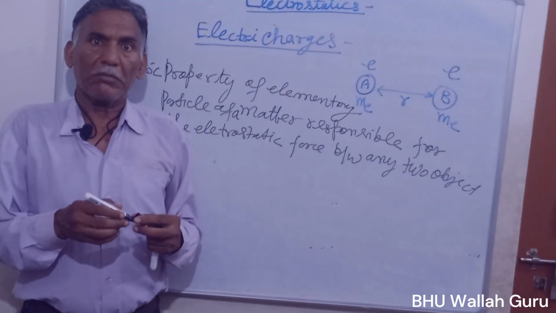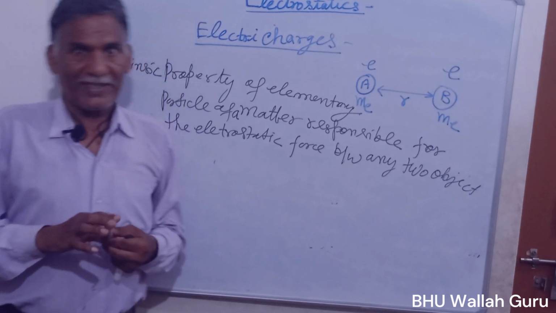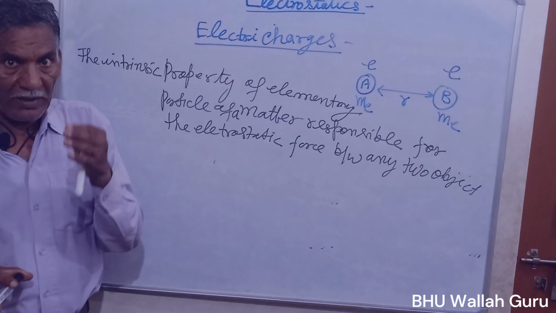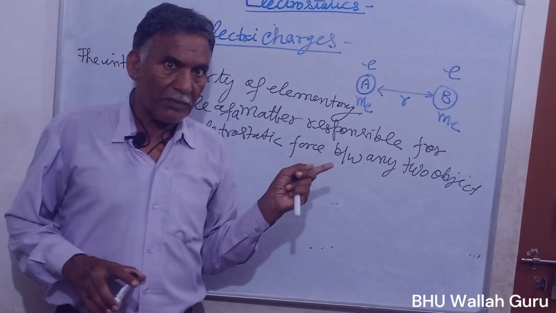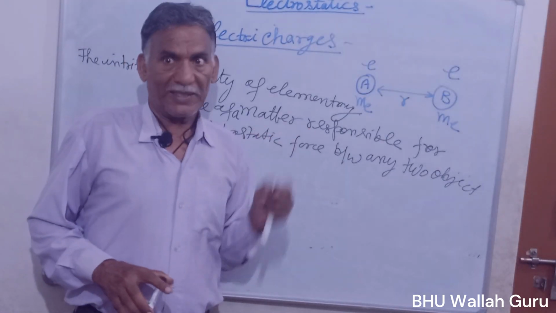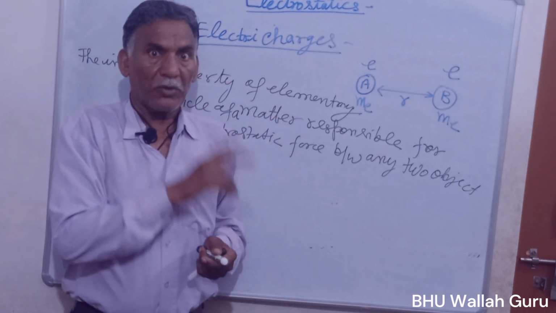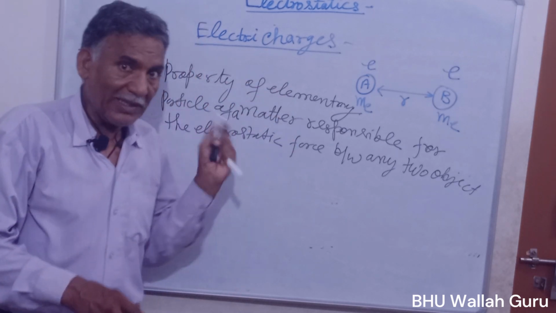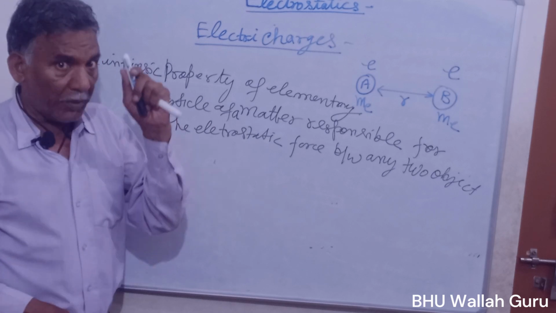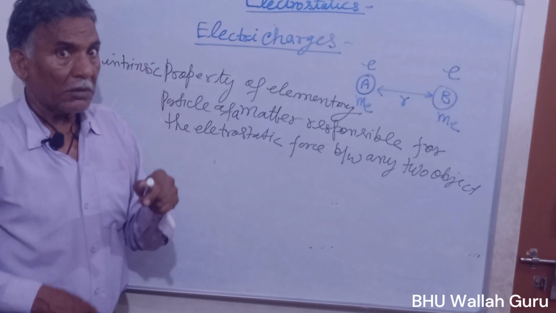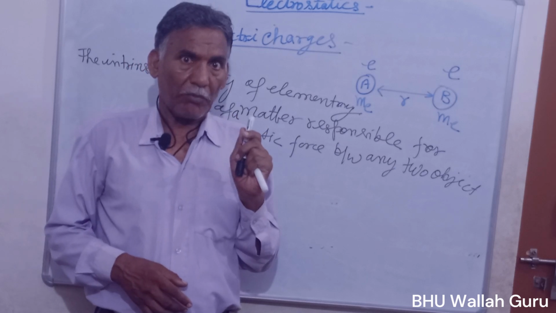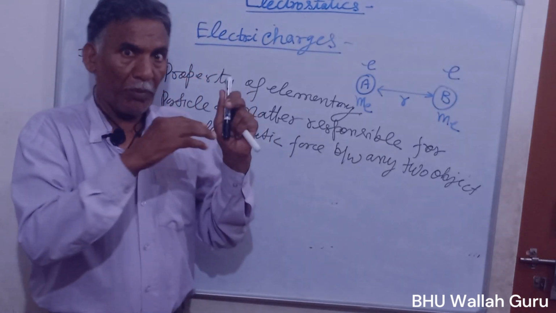As we know, when electric charges are at rest, there is static electricity. When these charges are in motion, there is current electricity. If current passes through any conductor, it produces a magnetic field.